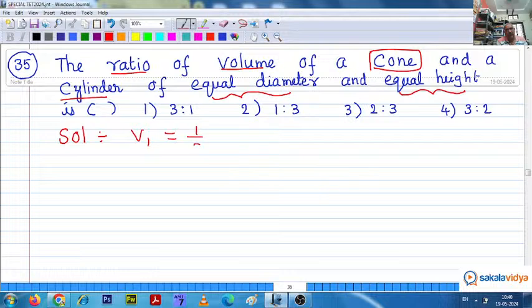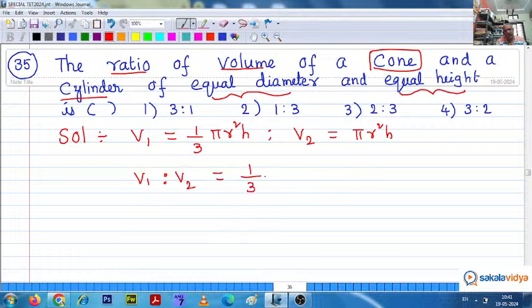So that is 1/3 pi r square h. V2 is the volume of the cylinder, that is pi r square h. So V1 by V2, or V1 is to V2, is 1/3 pi r square h is to pi r square h. Pi r square h cancels, so that means 1/3 is to 1.